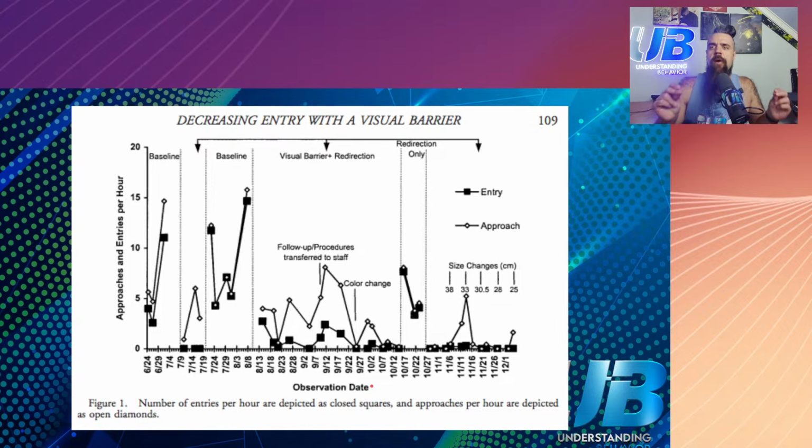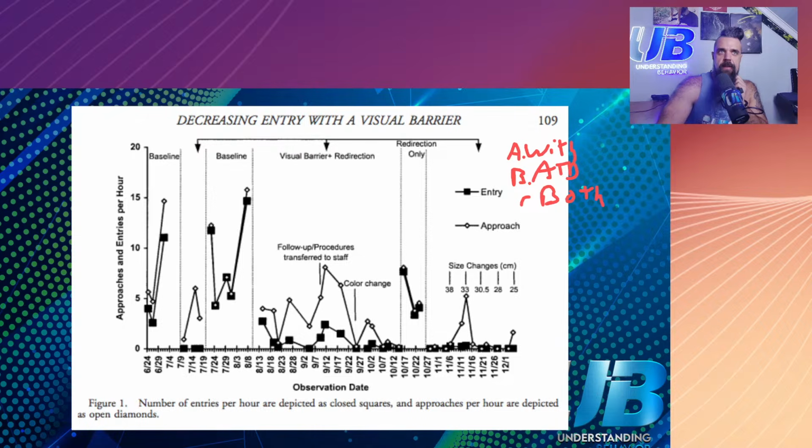So here's our first question. What kind of design do we have here? Is this withdrawal, or is this alternating treatments design, or both? Think about it. I want to see some rationales on this. Let's see those answers: A, B, C. A is withdrawal, B is alternating treatments design, or C is both. I don't want to see any answers without rationales here.